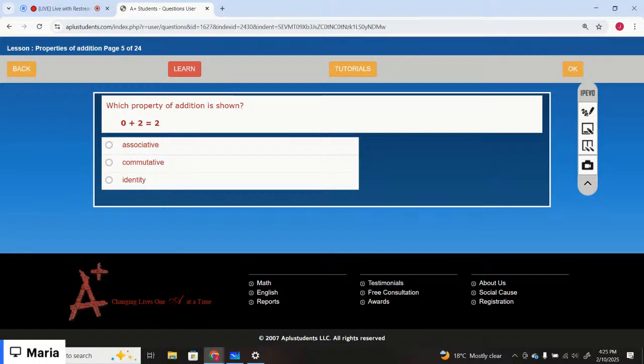Which property of addition is shown? Very good, identity property it is.